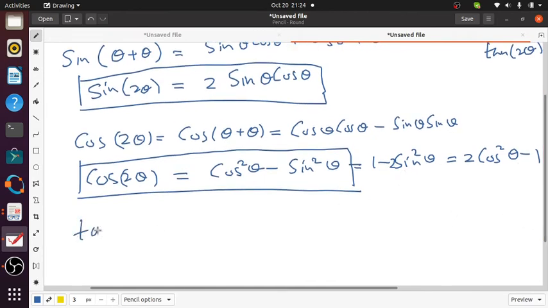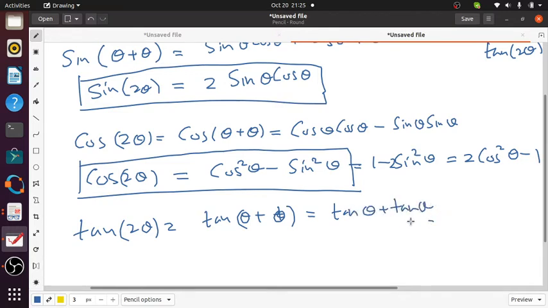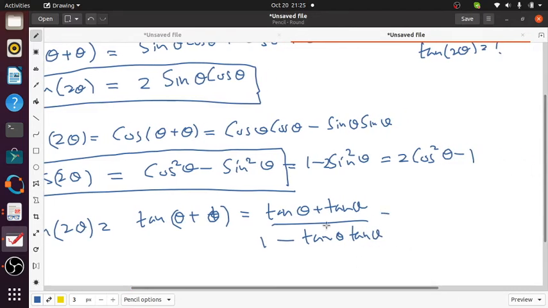What about tan 2 theta? Tan 2 theta can be written as tan of theta plus theta. You can expand this: tan theta plus tan theta divided by 1 minus tan theta tan theta. So now what is tan theta plus tan theta?